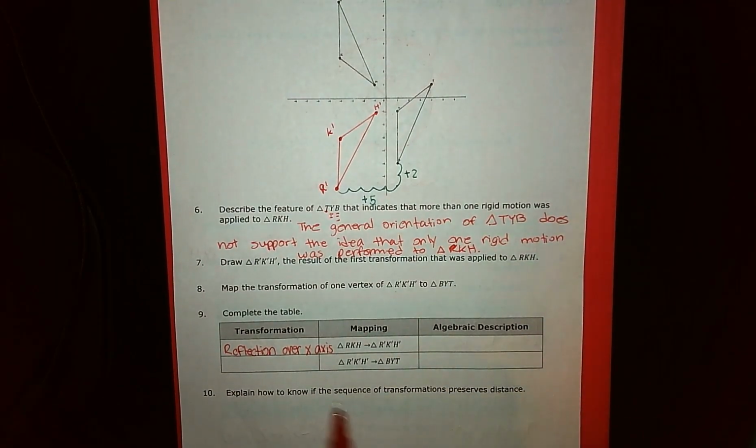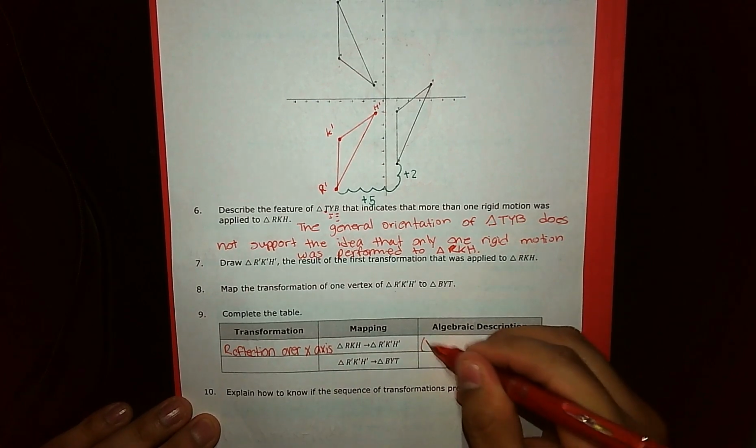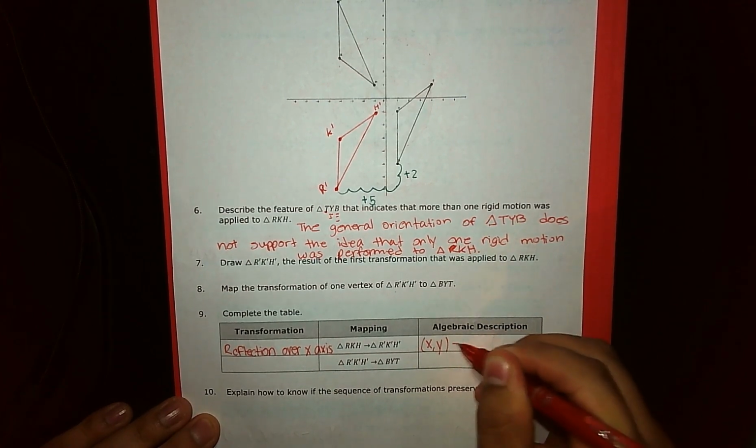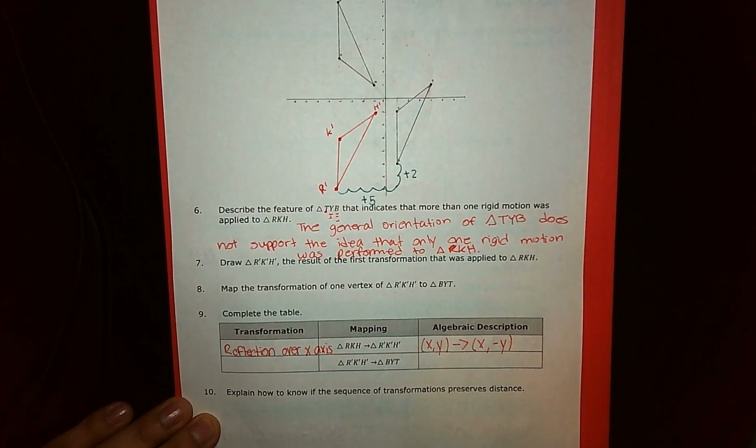And remember, I have an algebraic description for that. When you reflect over the x-axis, what happens to your xy coordinates? They stay the same, but your y becomes negative. And that's just the algebraic description for that.